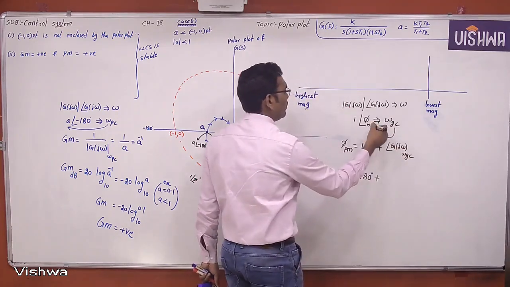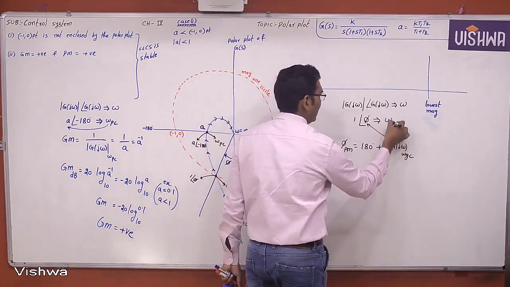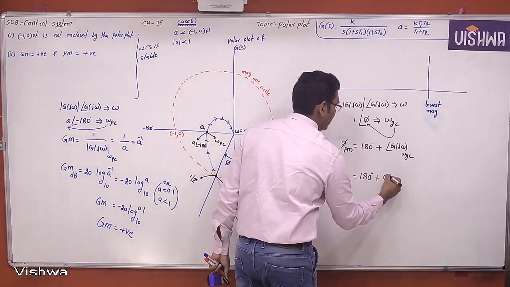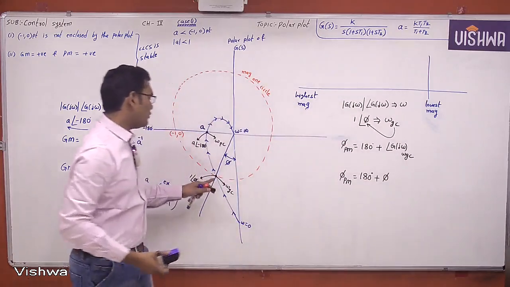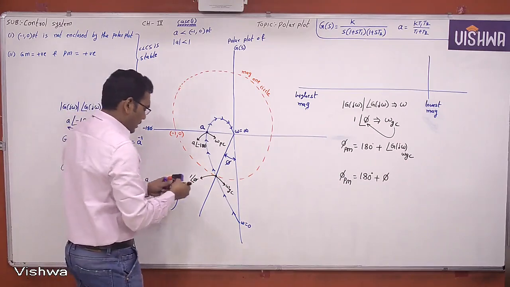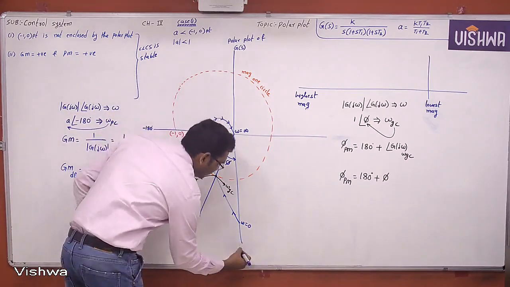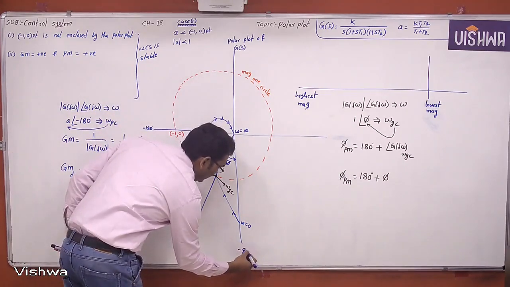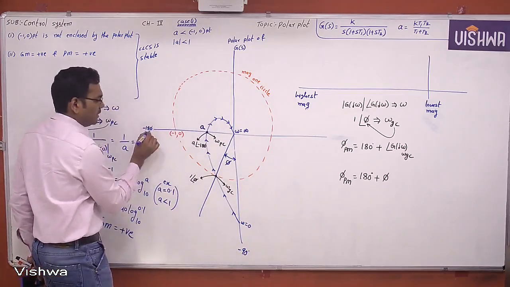At gain crossover frequency, the phase angle is phi. Do you know the value of this phi? I don't know, but I know the boundaries. This is minus 90 degrees, this is minus 180 degrees.